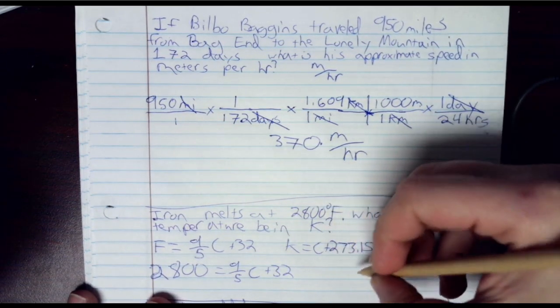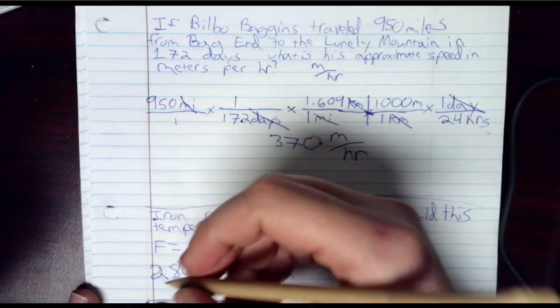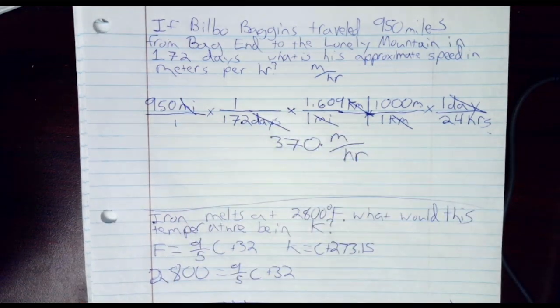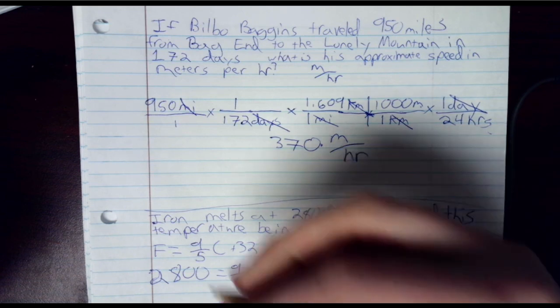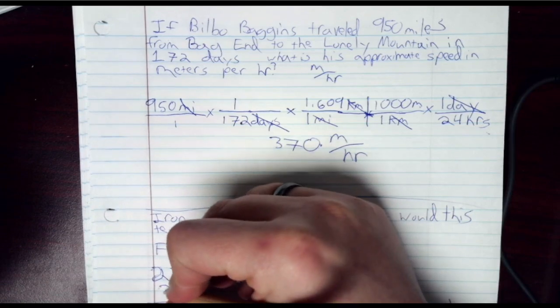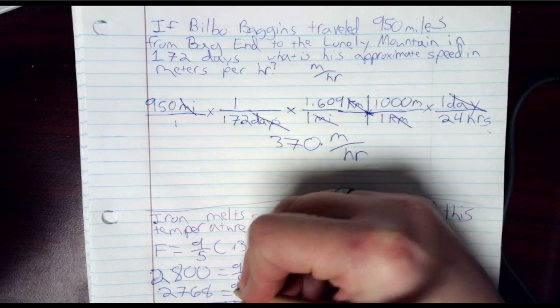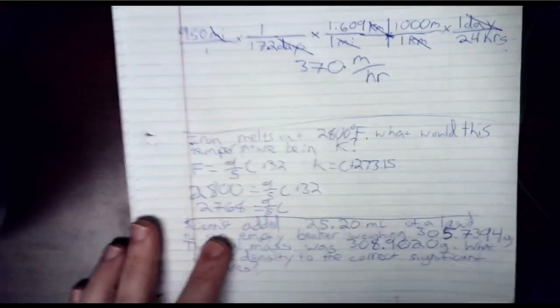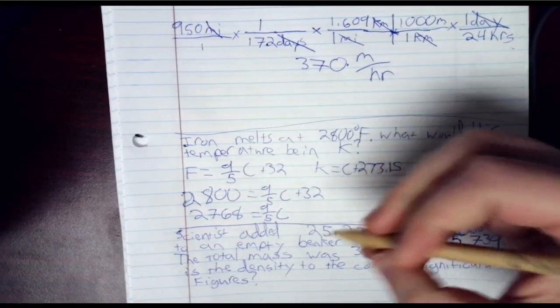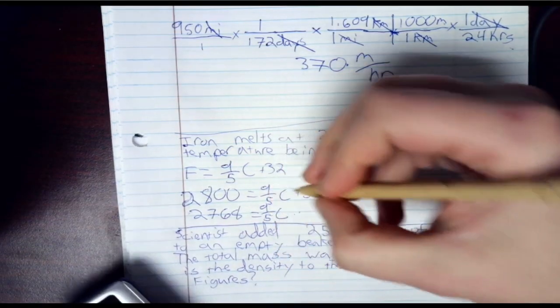So the first thing I would do is subtract 32 from both sides. So when I subtract 32 from both sides, 2800 minus 32, I get 2768 equals 9/5 C. Now, to get C, I would need to get rid of the 9/5.